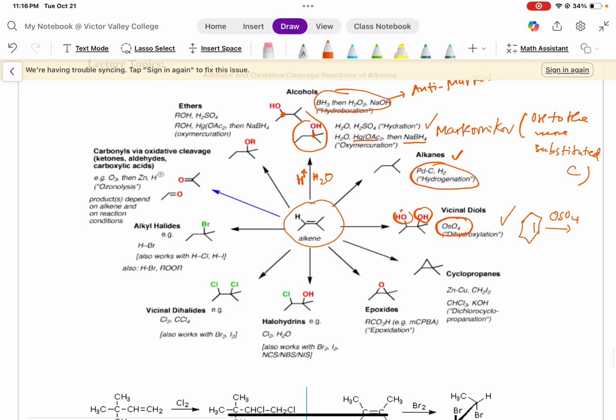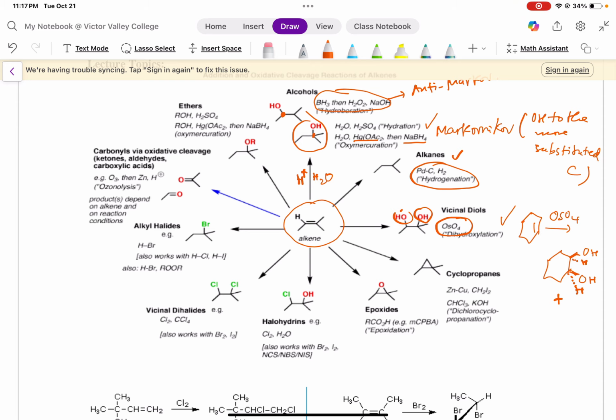Now you will get OH on the same side. Now that would be, I want to say, the plus enantiomer. So this should be, I'm trying to think, RRSS.